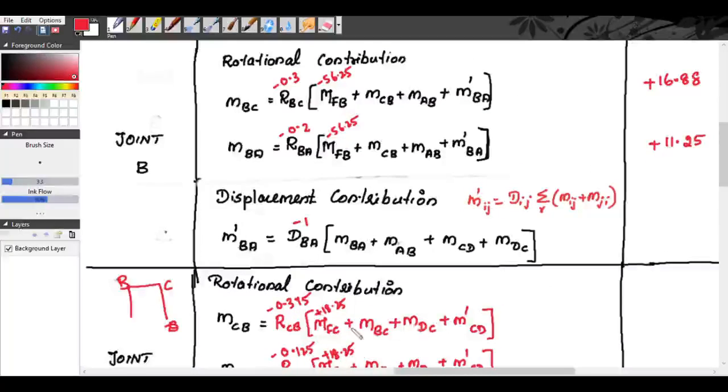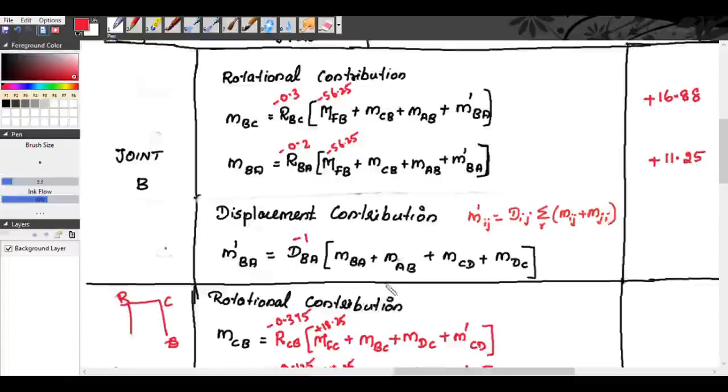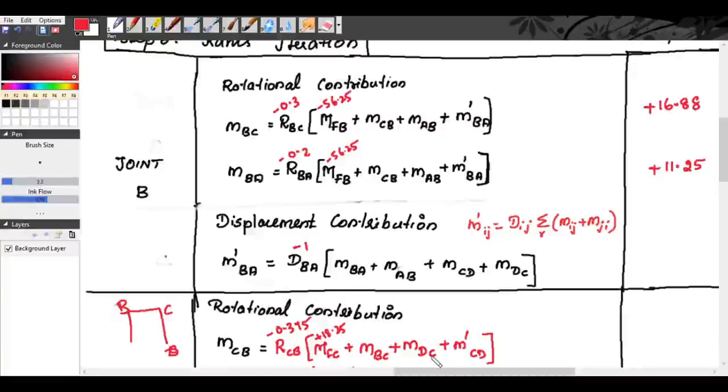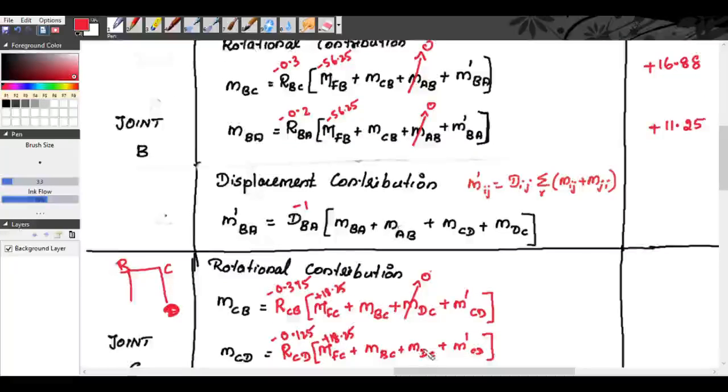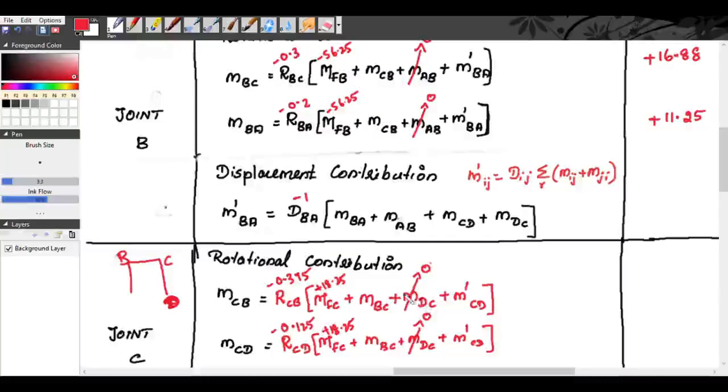So what we get is minus 0.375 multiplied by plus 18.25 plus 16.88. MDC means the rotational contribution from the joint D; this is always 0. Here also, the rotational contribution from the joint A is always 0. M dash CD we have not calculated, we have not determined, so this will be taken as 0.